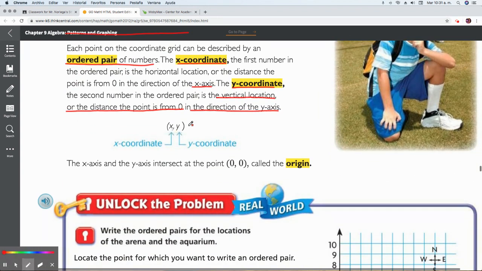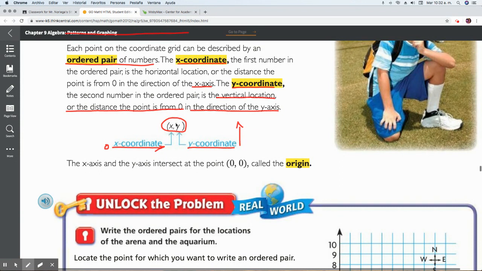When you have an ordered pair of numbers, your first number is how you need to walk on the x-coordinate. That means how you need to walk to the right, starting from 0. After you walk horizontally on the x-coordinate, then you walk going up on the y-coordinate. The y-coordinate is the second number.